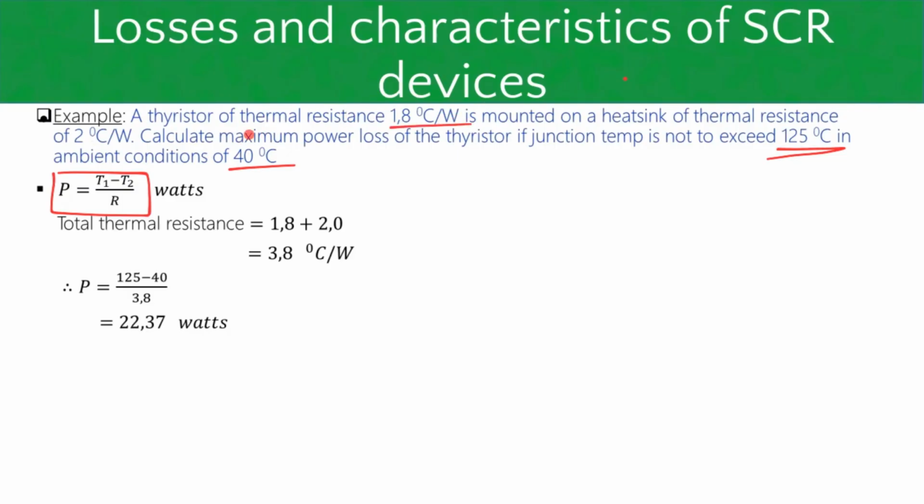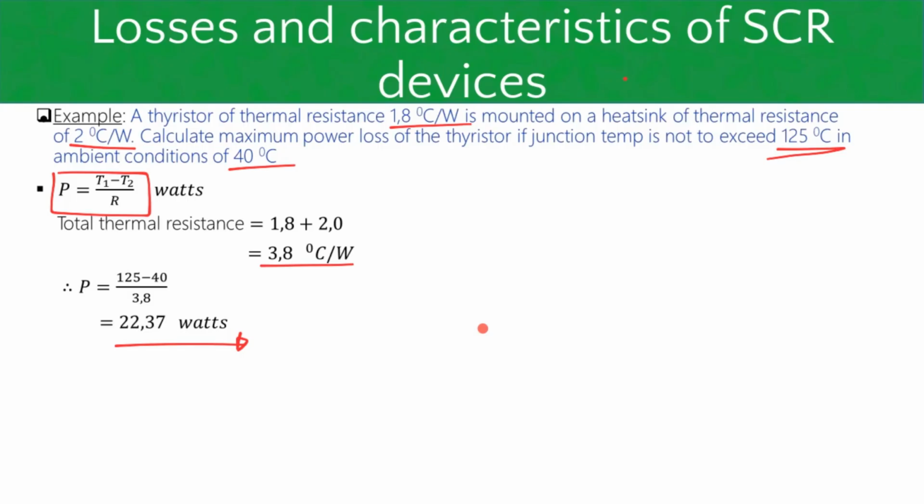So SCR 1.8 degrees C per watt, and then 2 degrees C per watt for the heatsink. We add those together, that gives us a thermal resistance of 3.8 degrees C per watt. Then dividing this into our temperature difference between the ambient and junction temperature, that gives the power dissipated by our SCR. So in this case, 22.37 watts.